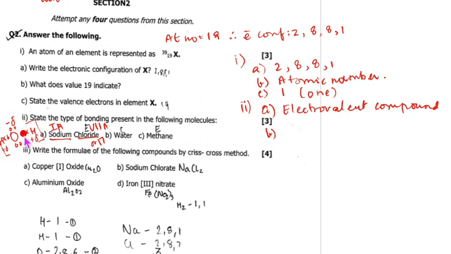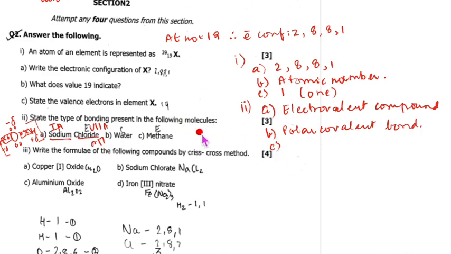So you will see it's a covalent compound because these electron pairs are shared anyway. But you will see that there is polarity also developed. So your B will be polar covalent bond.